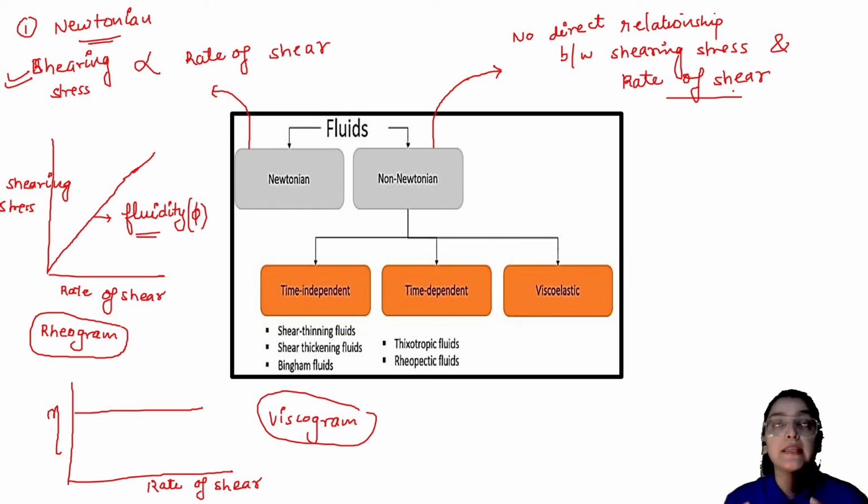In case of time independent ones, they may be classified into the plastic flows, that is the Bingham bodies, the pseudoplastic ones and the dilatant ones, while time dependent ones are categorized into thixotropic and anti-thixotropic systems, which change their state upon the application of stress, and once the stress is withdrawn, they return back to their original state.